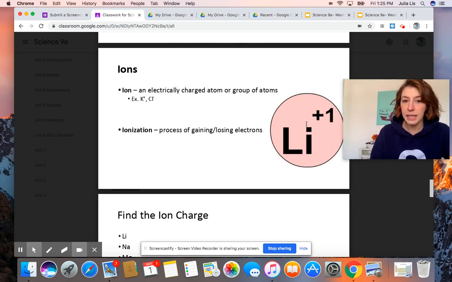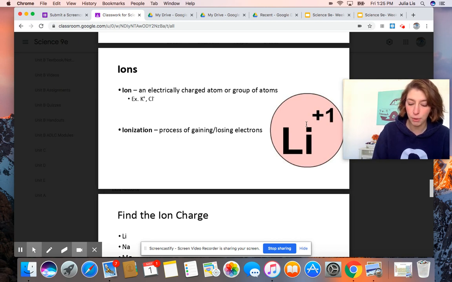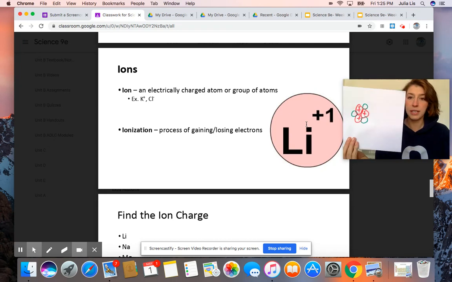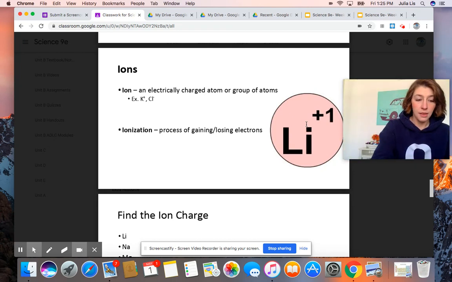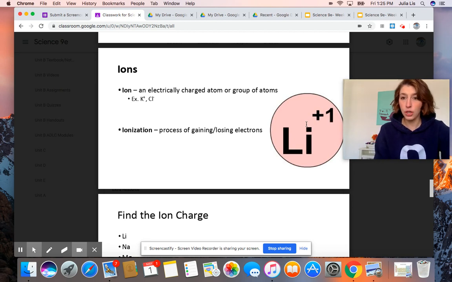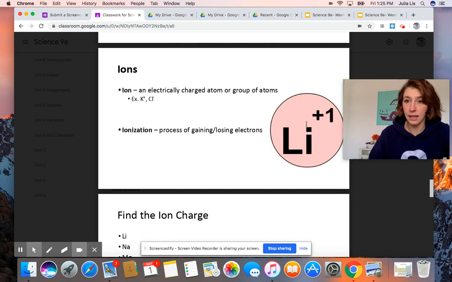Looking back at the Bohr model and how we draw atoms, lithium is the third element on the periodic table. So it's going to have 3 protons in its nucleus, and generally it'll have 3 neutrons as well. This is what the nucleus of lithium would look like. Then lithium most often will have 3 electrons as an element.